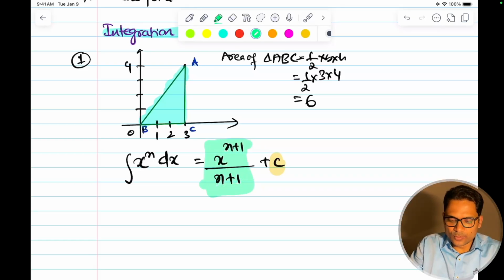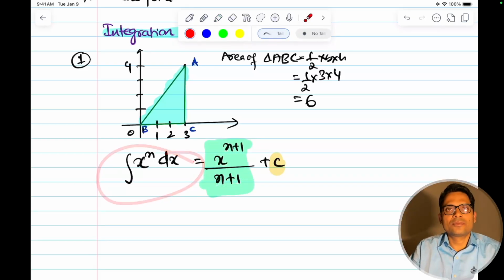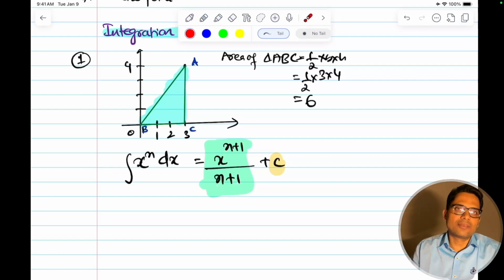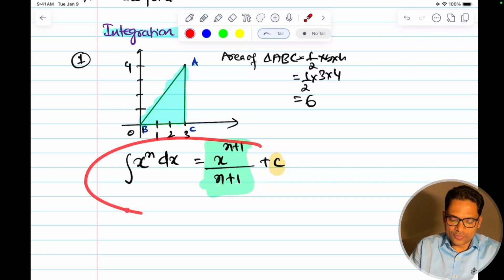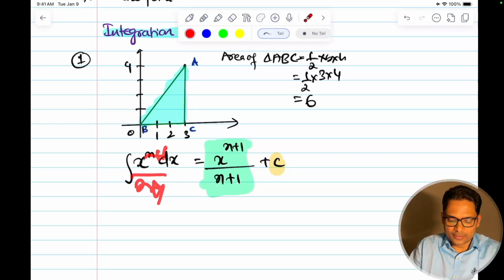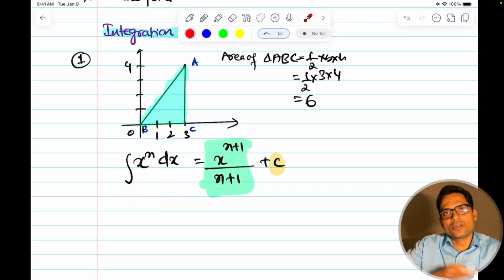This is the basic formula we remember for integration. For log x, sin x, everything will have a different formula, but this is the most common format we'll discuss to understand the concept. For x to the power n, we increase the power by 1 and divide by the increased power. It's the opposite of the derivative.